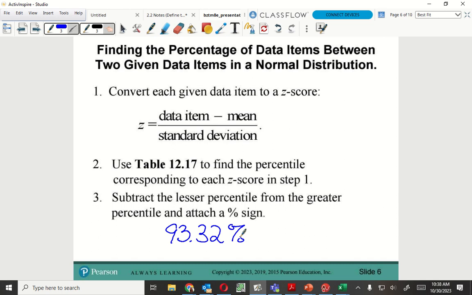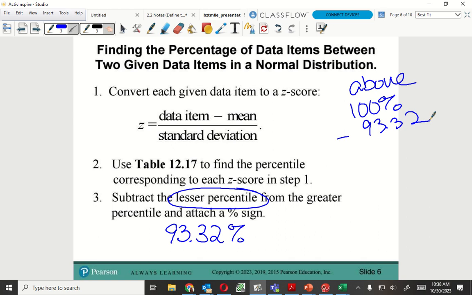So this is the lesser percentile, but if it said above, I would do 100% minus my 93.32, and that would give me 6.68% above.